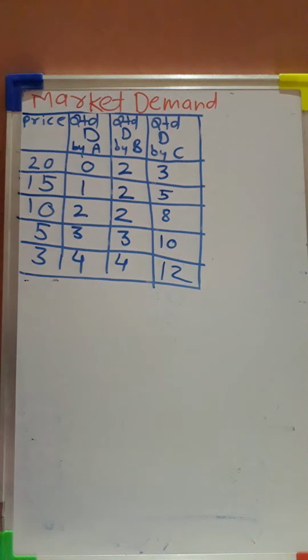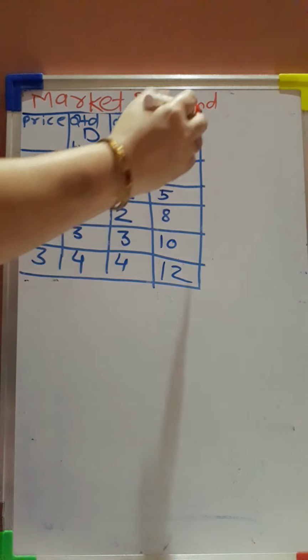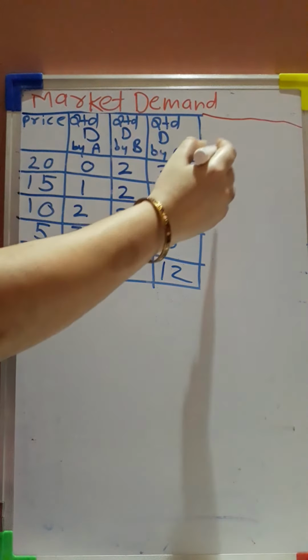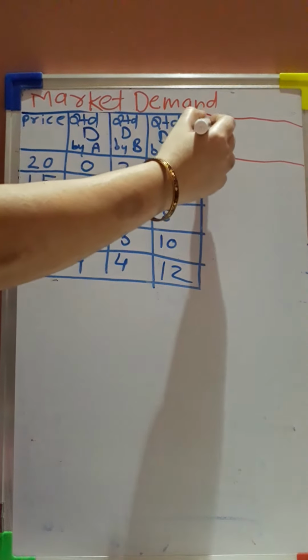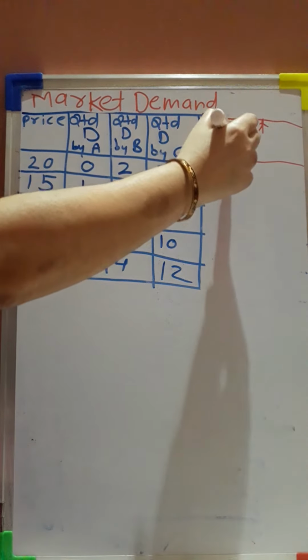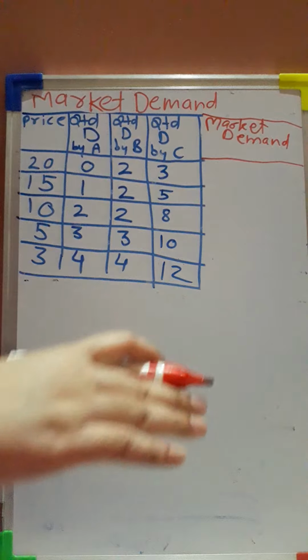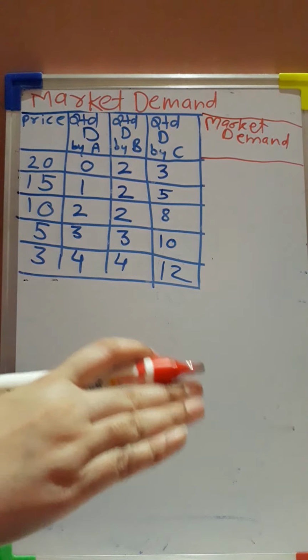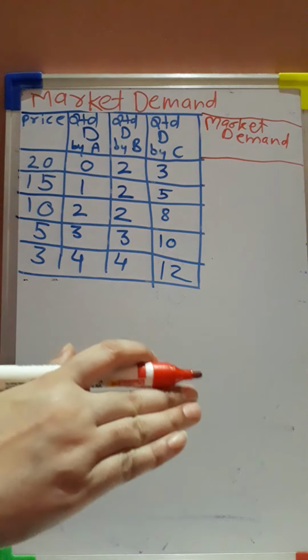So to calculate market demand, first of all we'll write the question as it is. Afterward we'll add one more column, that is called market demand column. How to calculate market demand? As I told you, market demand means total demand of commodity by all individual buyers in the market.